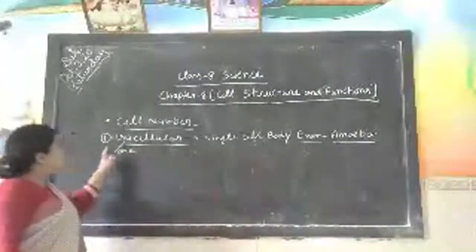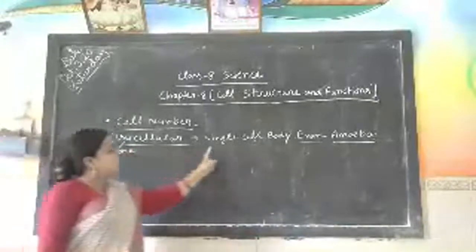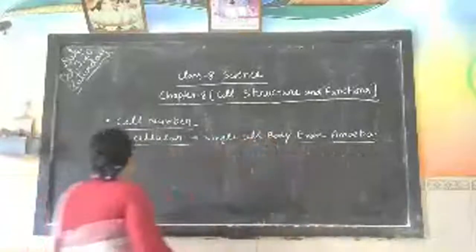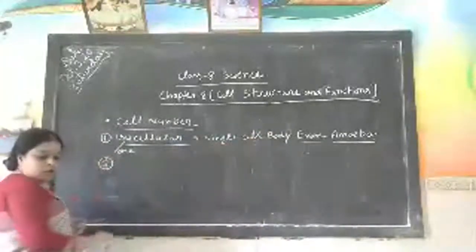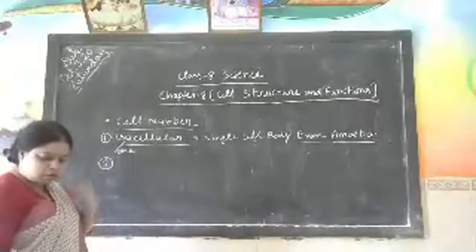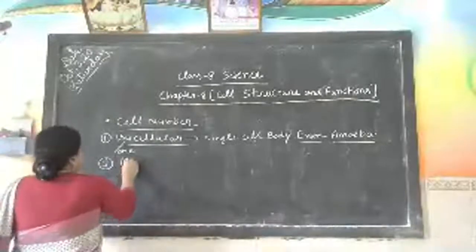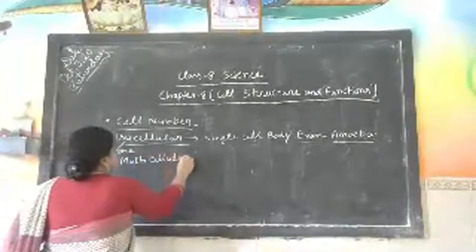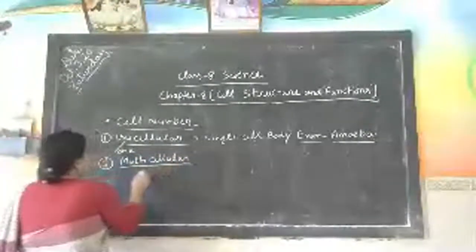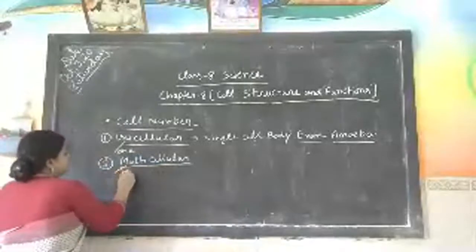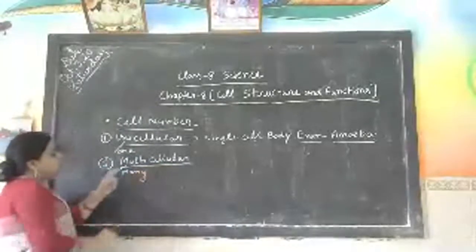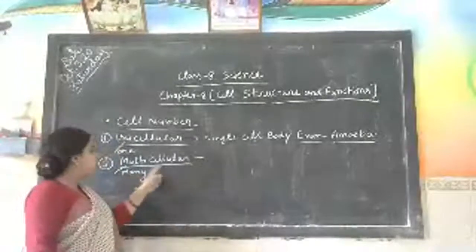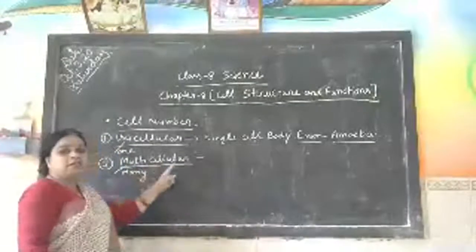The unicellular, uni means one, only single cell body. Example is amoeba. Multicellular, multi means many, cellular means cells.